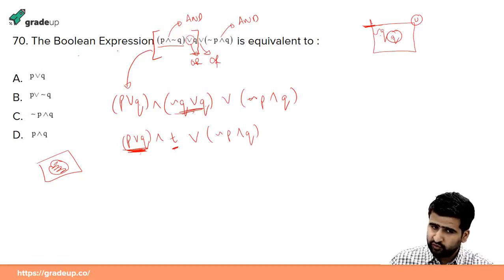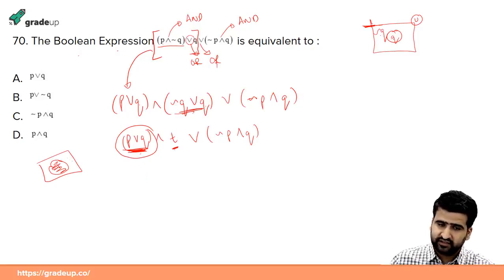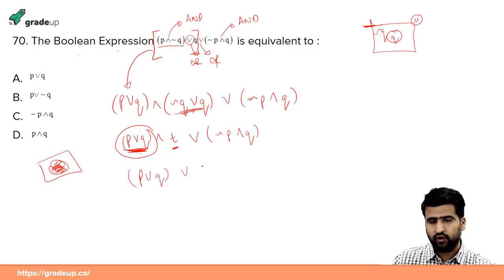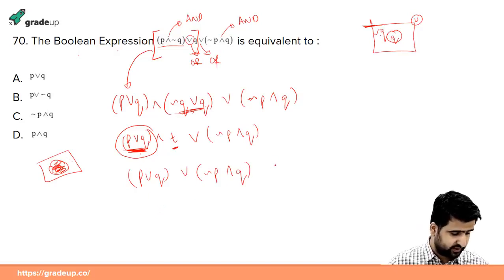If you take the intersection of these two parts, it will come out as P or Q, because the intersection of this circle with the total set will be this circle itself. So you get P or Q or negation P and Q. This is what we are getting finally.